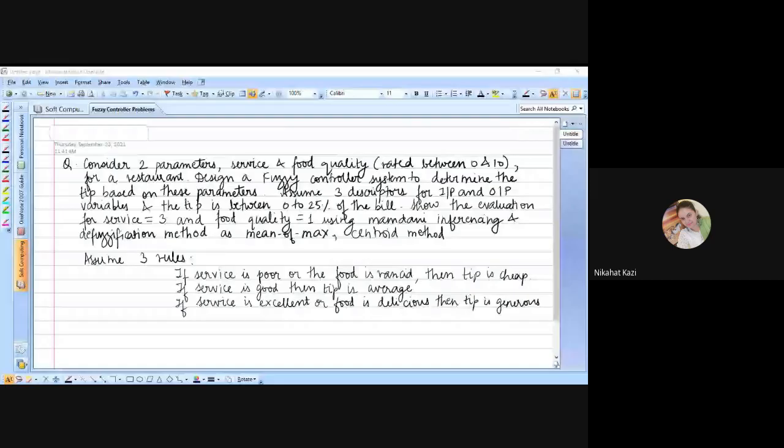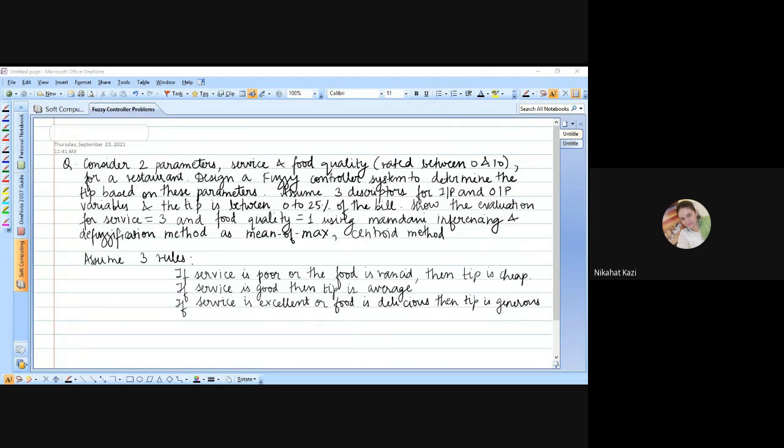I'll share my screen again. Okay. So now in this particular problem, this is a typical problem which is used in most of the libraries. Whatever fuzzy libraries there are in Python or in MATLAB, you will find this as a standard problem.